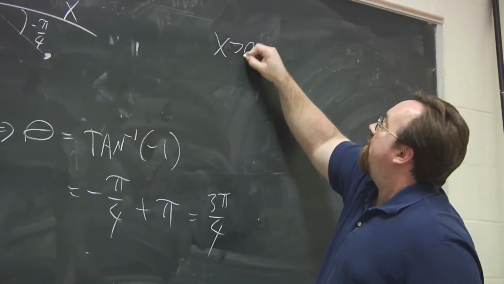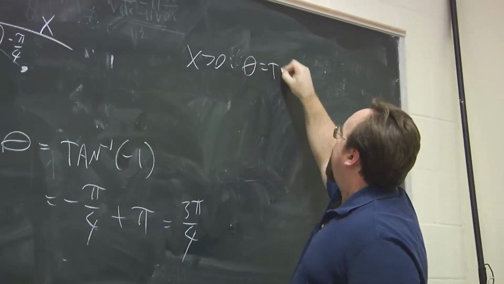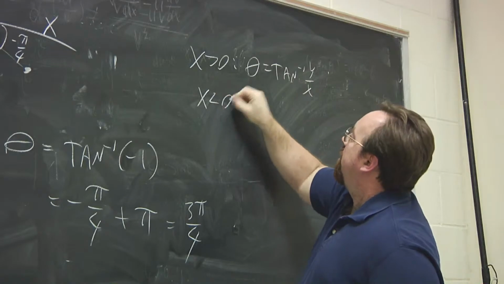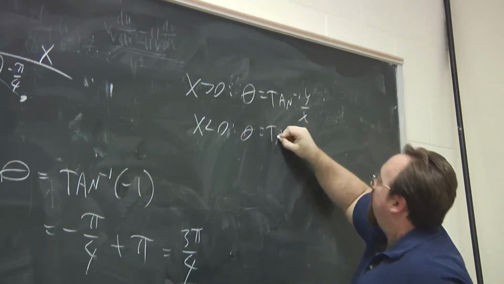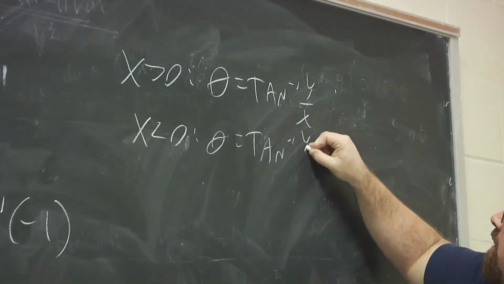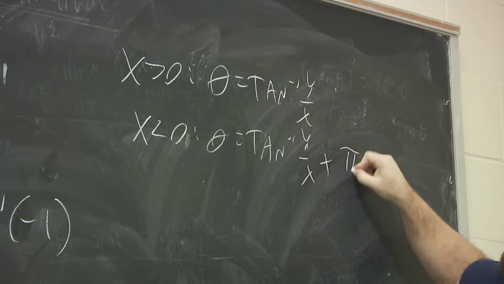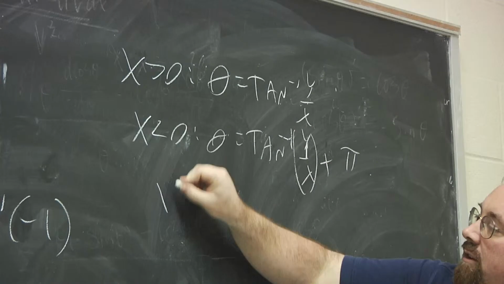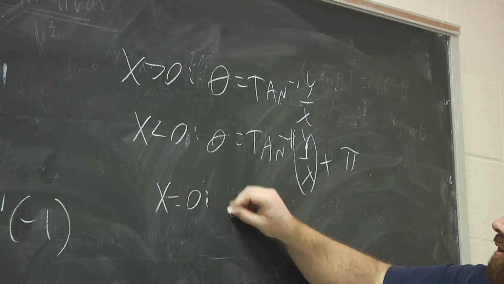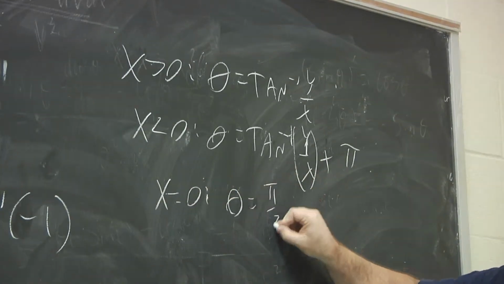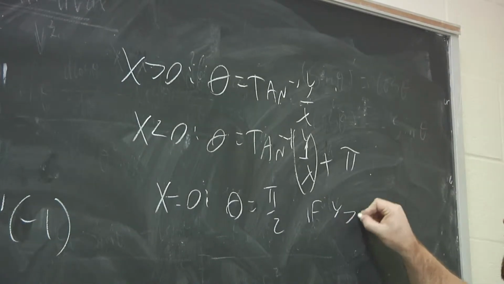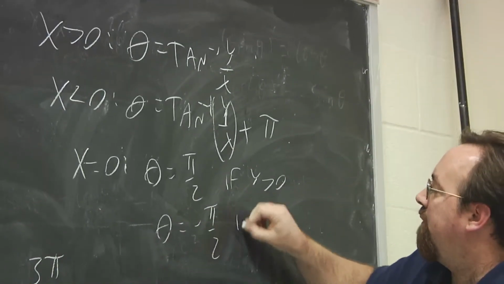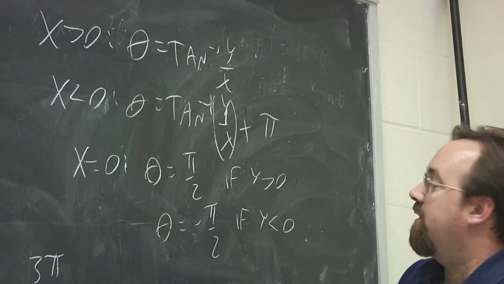So when x is positive, it's just the arctangent. When x is negative, it's the arctangent plus pi, and then when x equals 0, it's pi over 2 if y is positive, minus pi over 2 if y is negative.